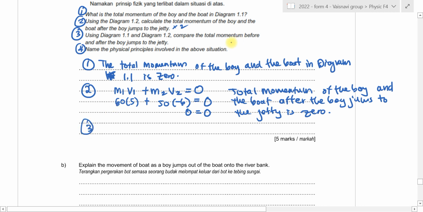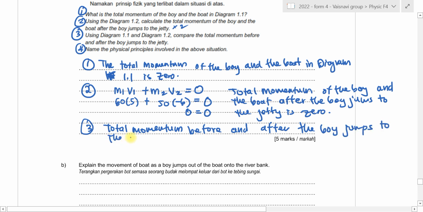Third point, compare the total momentum before and after the boy jump. Both also same, 0. Okay, total momentum before and after the boy jump to the jetty is 0.